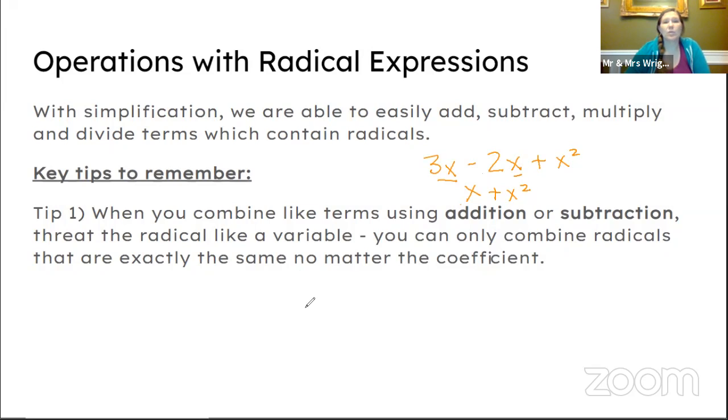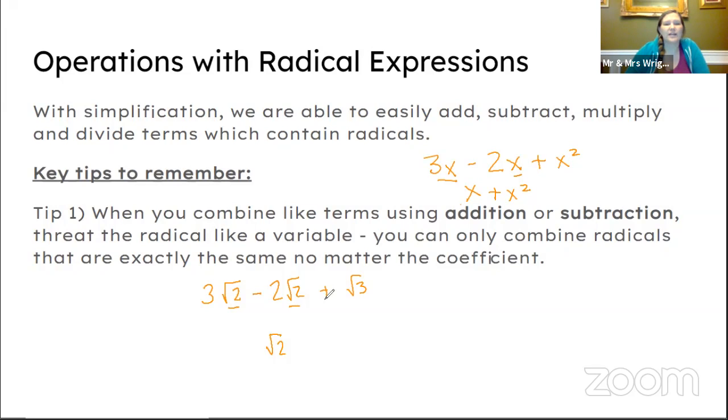You keep the variable exactly the same when they are like variables and add the coefficients. Well, it's the same when you have radical expressions, when you're doing addition or subtraction of like radicals. If I had, for example, 3 radical 2 minus 2 radical 2 plus, let's go with radical 3. Well, we need to find the like radicals. Radical 2 and radical 2 are like. So I'm just going to write radical 2 here. Nothing is going to change about it, just like when we had our variables up here with x's, nothing changed.